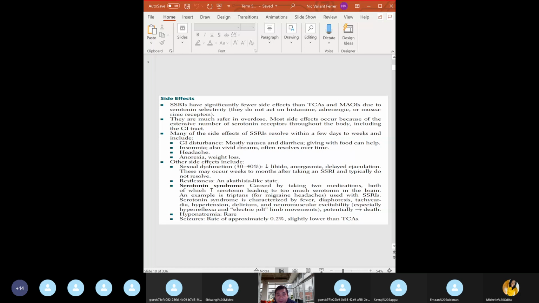However, the most important side effect is sexual dysfunction. 30 to 40% of your patients are going to complain to you about that. Decrease in libido or sex drive, anorgasmia, they can't achieve orgasm. There's delayed ejaculation, right? This may occur weeks to months after taking an SSRI, and typically does not resolve.